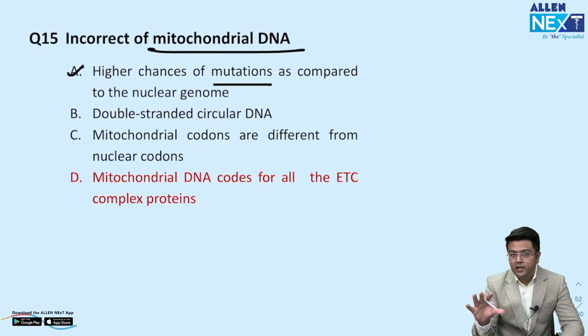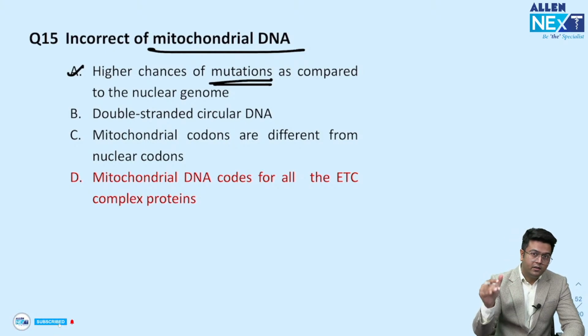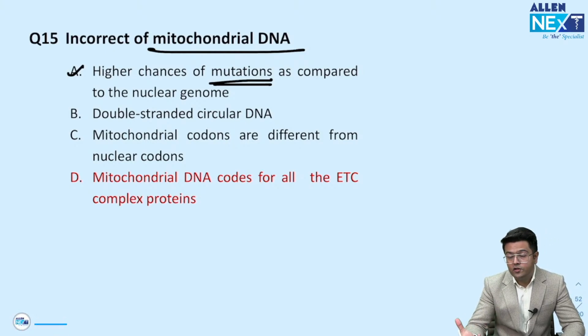It is not protected separately. So there are high chances. And second thing is, most of the DNA in mitochondria is coding, right? So there are no introns, or there is no junk DNA. So there are higher chances that the X-rays will always affect the coding region, which is almost 97 to 99%.